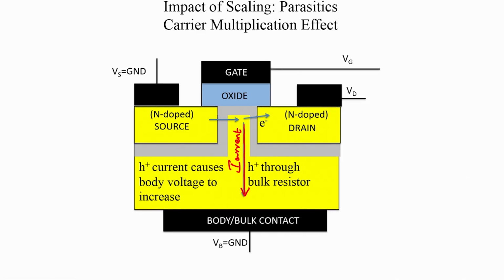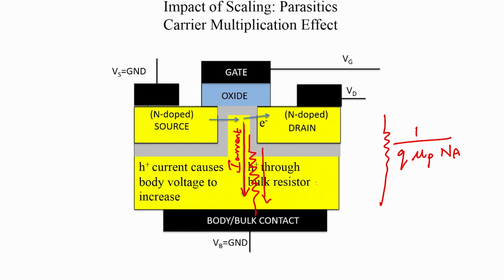So, you are going to have a current flowing inside the bulk, and this current is because of the holes. The bulk has a certain resistance, because it is doped p-type, with a resistivity of 1 by q mu p into Na, and depending on the geometries it is going to have a certain resistance. So, there is a certain resistor here and a current flowing through it.